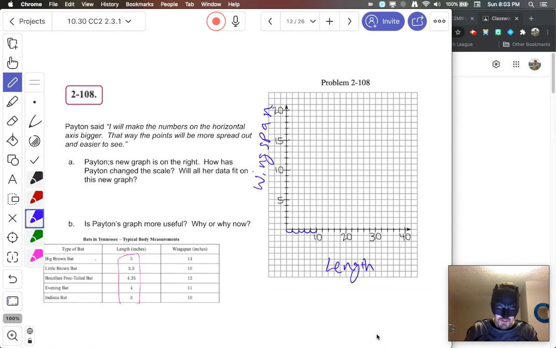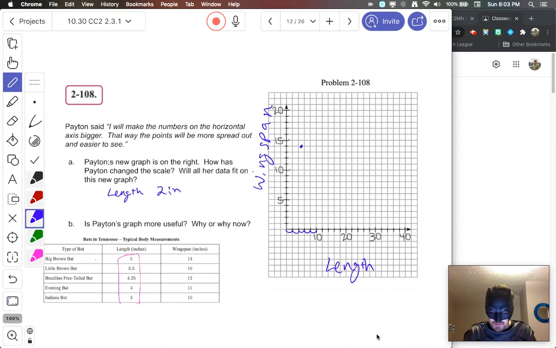So our scale now is the length is counting by 2 inches. All right. And so our 2.5 jumps would actually be 5 here. And then we're going up 14. So 2.5, 14 would be about there.